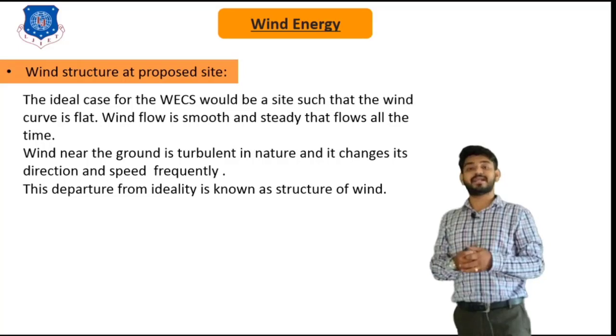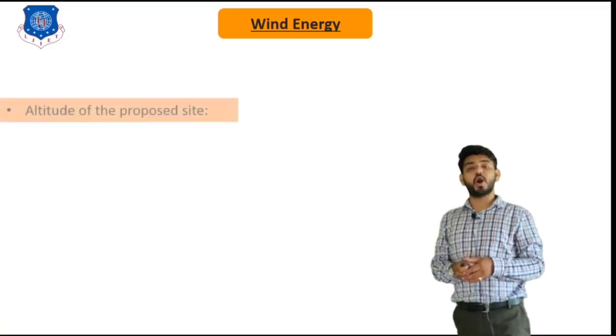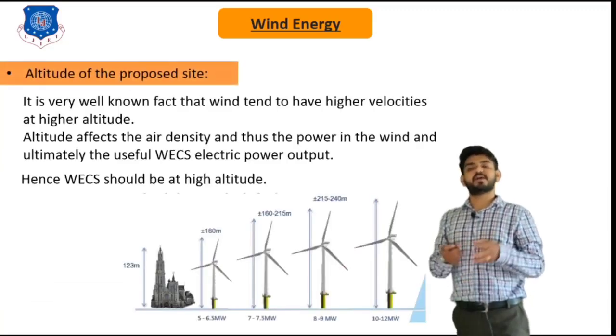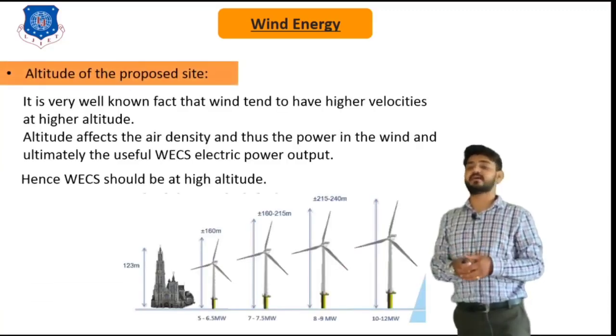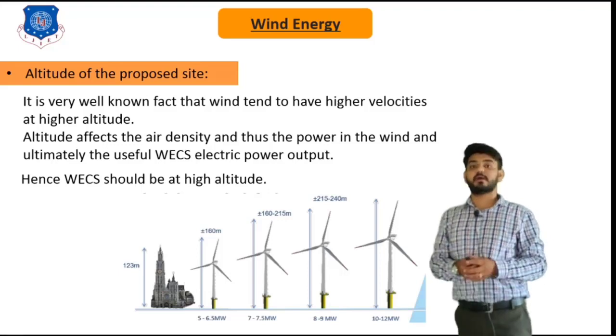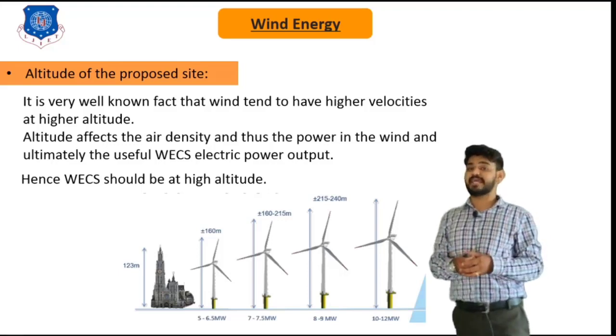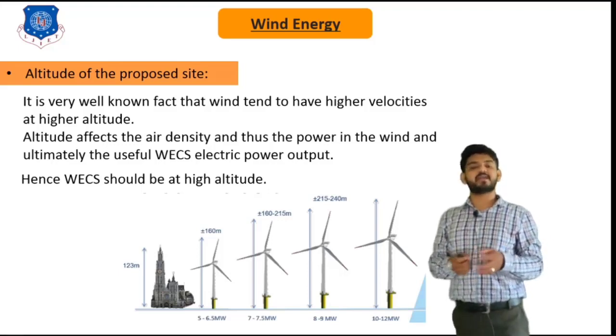So now let's move to the next criteria for the site selection, and that is the altitude of the proposed site. It is a very well known fact that wind tends to have a higher velocity at higher altitude. Altitude affects the density of air and the power in the wind, and ultimately it affects the electrical output of a wind energy conversion system.